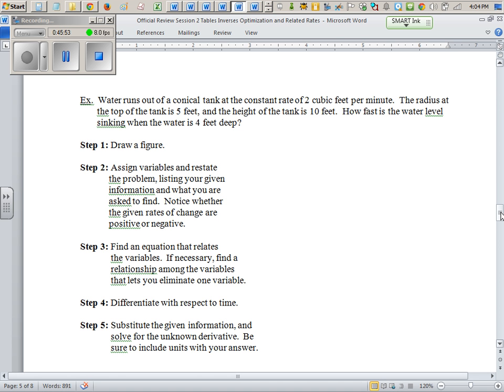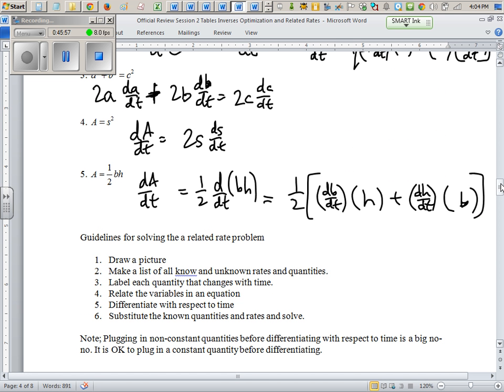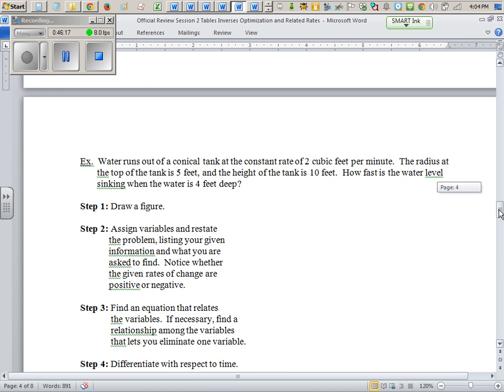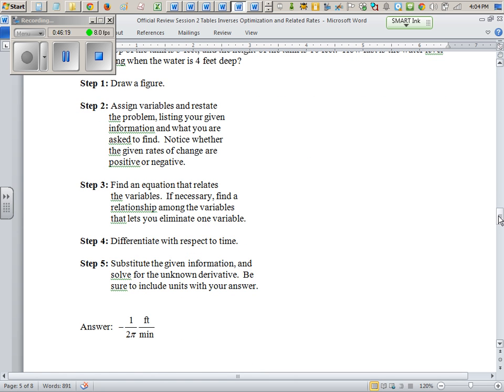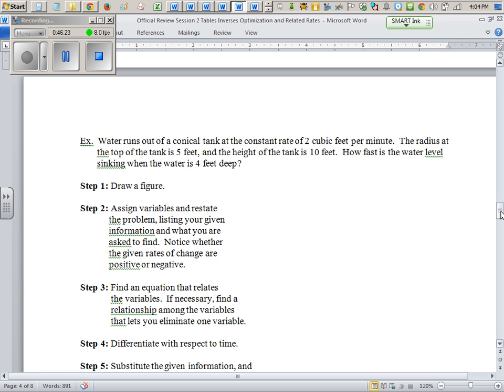What happens is, let's say dh dt was 0, it would be like you just pulled the h out in the beginning, because this part's going to vanish. So it's just like pulling out the h. But that would be a very special situation. It would have to actually say the height of the triangle is constant. That does mean dh dt is 0. That's exactly what it means. Yeah, I'm glad you asked that.